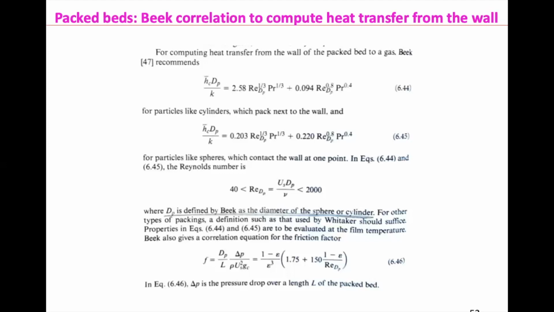Like Upadhyay, you cannot use it for gases, or if you use it for gases, you have to be careful with the type of answer you get, because it might not be that reliable since he did his experiments using a liquid. So that's what we have so far for packed beds, these three correlations. If you want to mark them in your book, they are there. Be careful when using one or the other and the nomenclature employed.